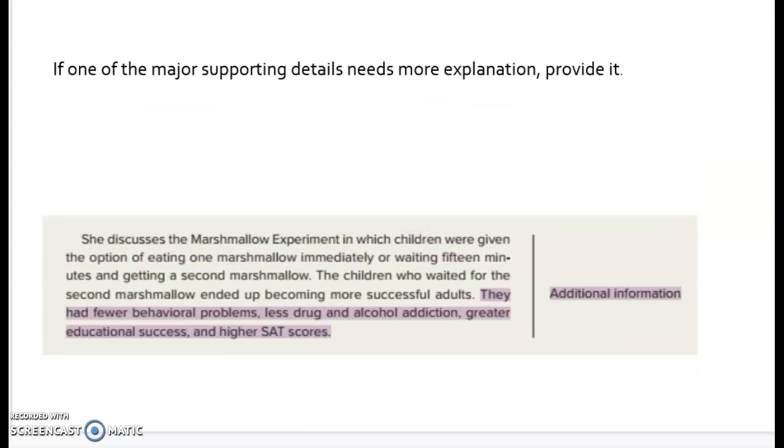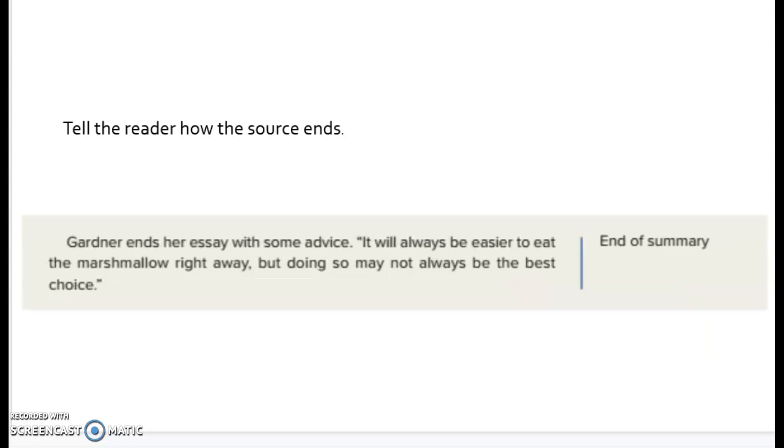Okay. If one of the major supporting details needs a little bit more explanation, okay, then go ahead and put it in. But you want to make sure that your summary should be about a third of the length of the original. Okay, so keep that in mind.